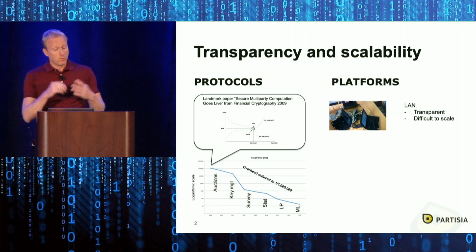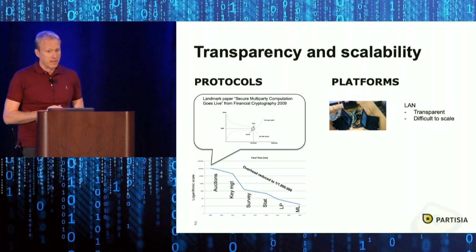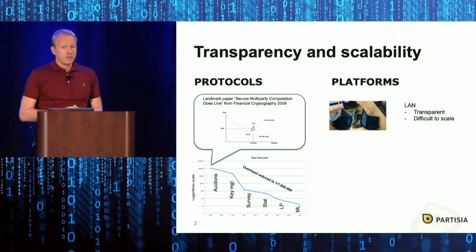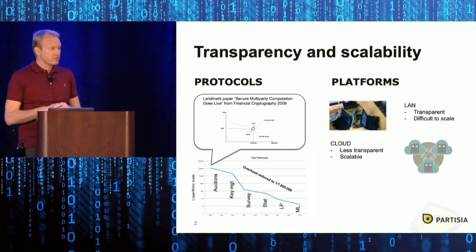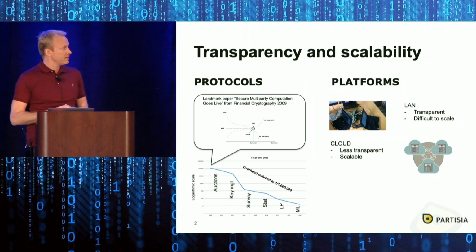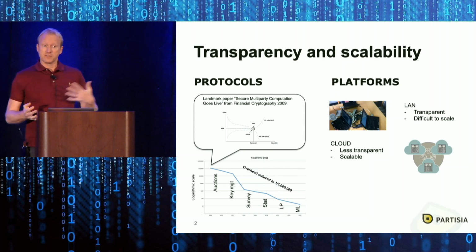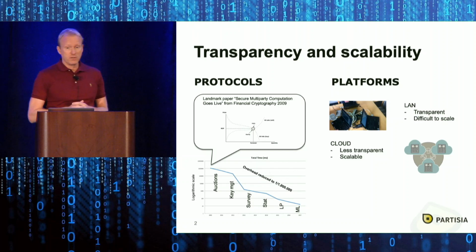So definitely doing more auctions in the beginning, moving into key management, doing more statistics, and so on. So that's one side of it. The other side is to move into platforms that are more scalable, but maybe also a little less transparent, using cloud computing.